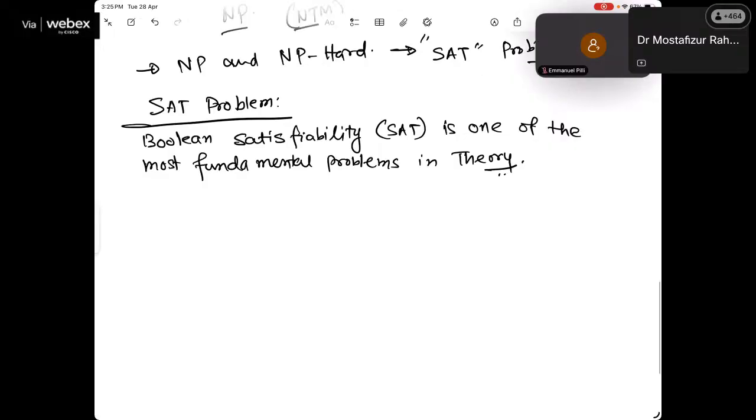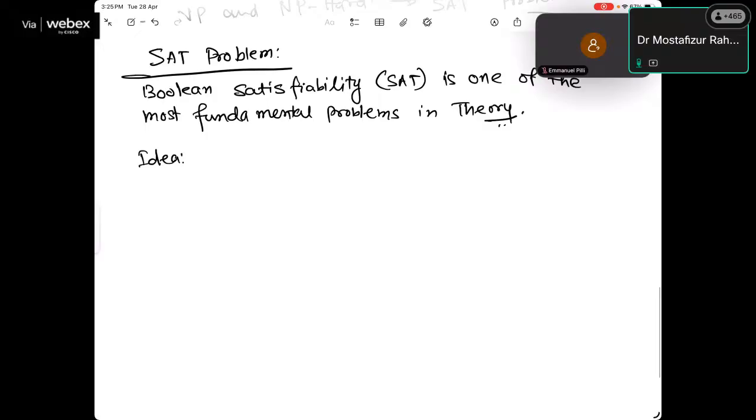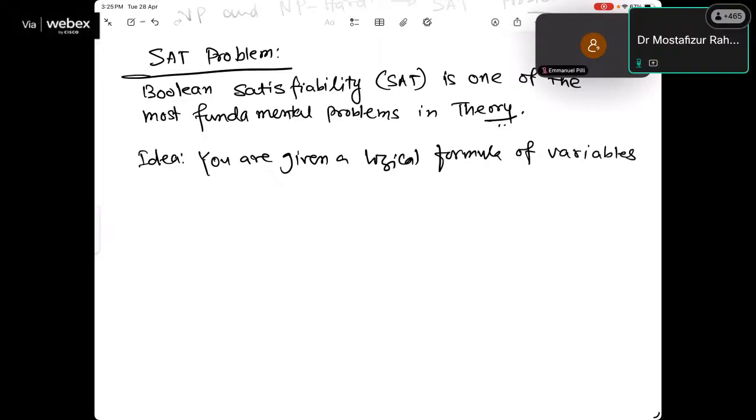So the idea is, you are given a logical formula of variables that can be either true or false. True means it takes the value 1, or it takes the value 0.